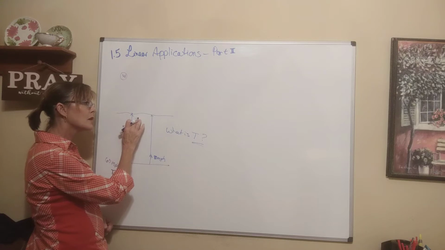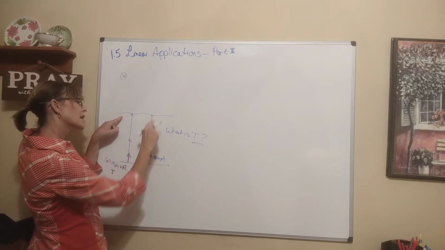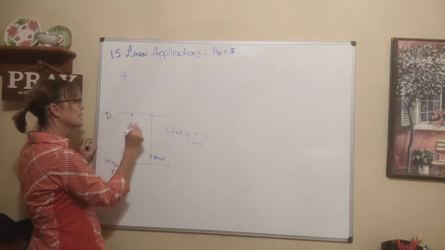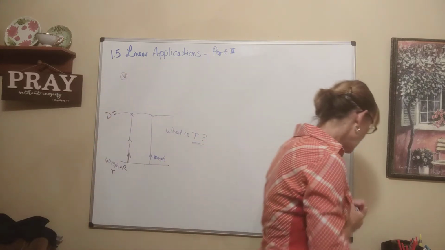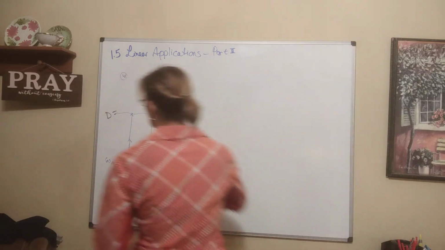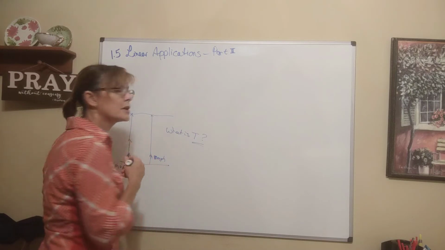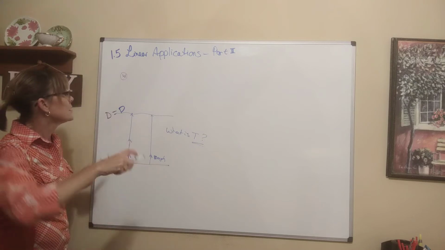No, but we do know that however far he traveled, at the point that he gets overtaken, he's traveled the same distance. So we know that the purple distance is equal to the blue distance. Those trains have traveled the same distance. So that's going to be important, because that cuts out some variables for us. So in other words, we can say distance equals rate times time.